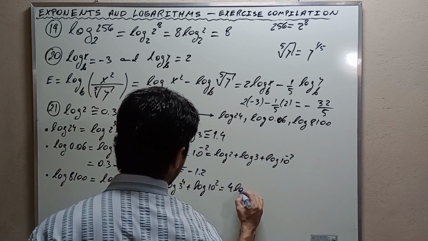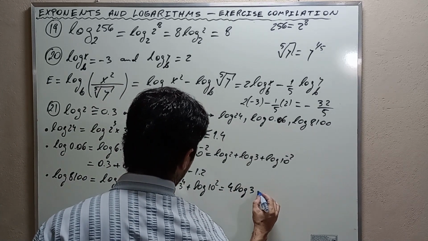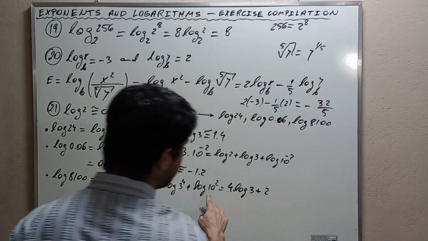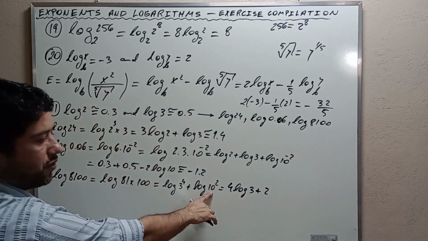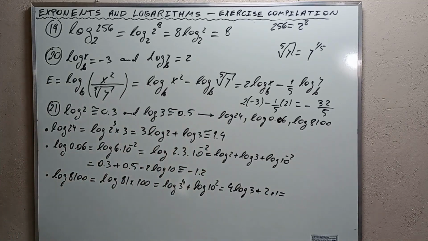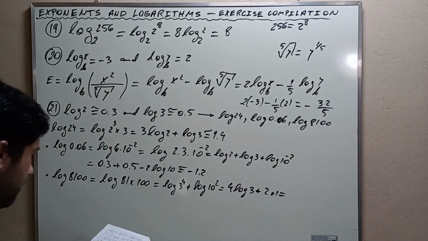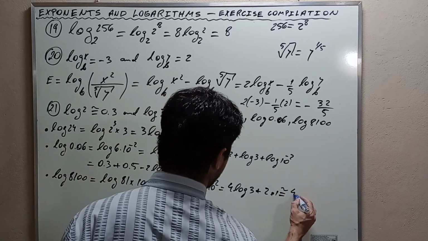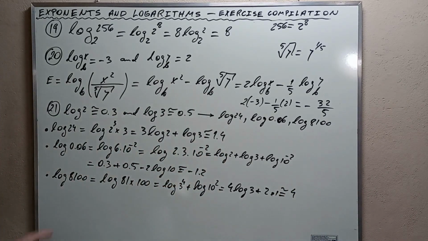It is 4 times the logarithm of 3 plus 2 times the logarithm of 10 base 10, which is simply 1. And then ultimately we find that the logarithm of 8,100 is approximately equal to 4. And this is all for exercise 21.